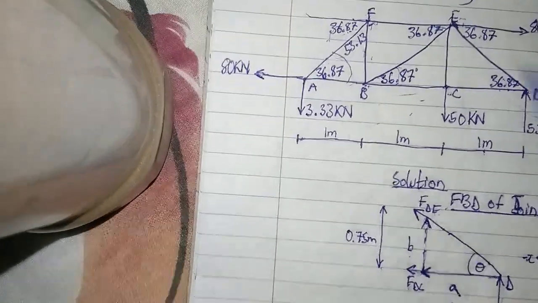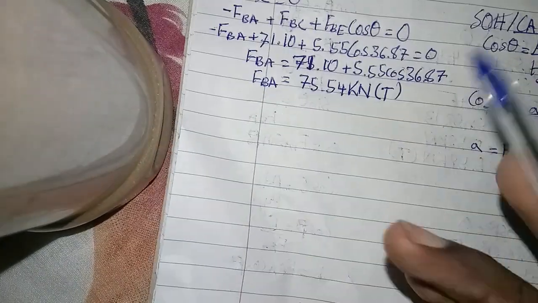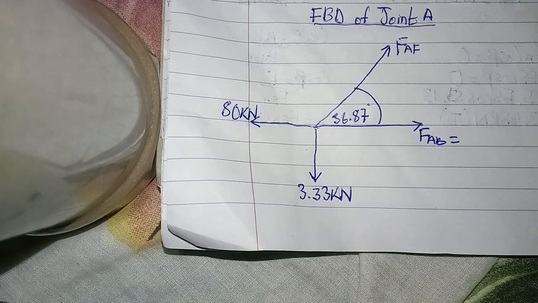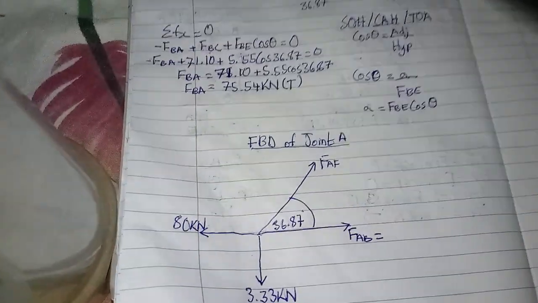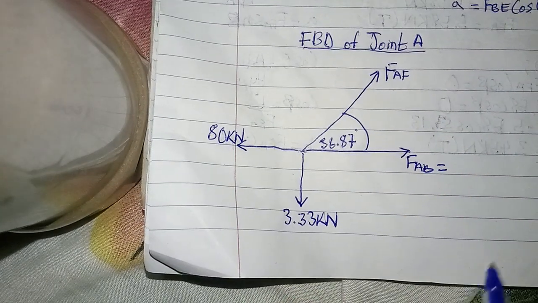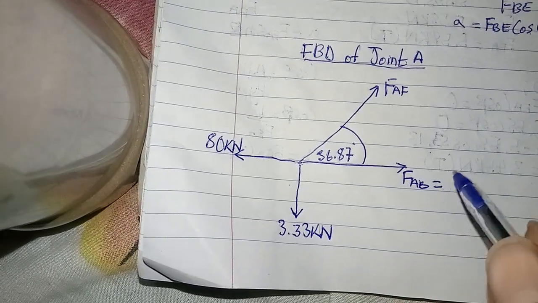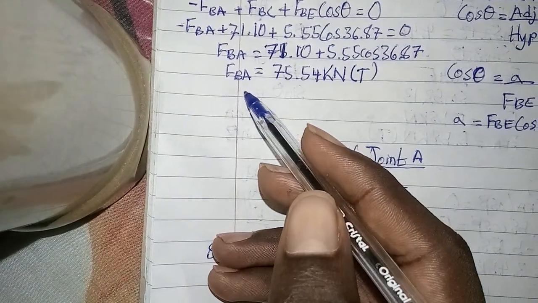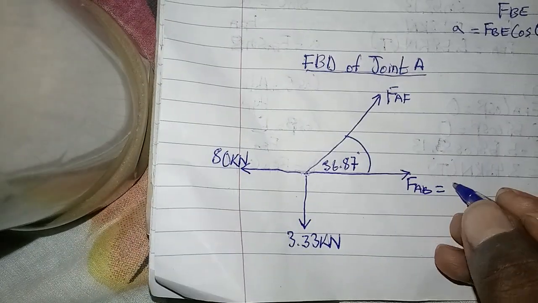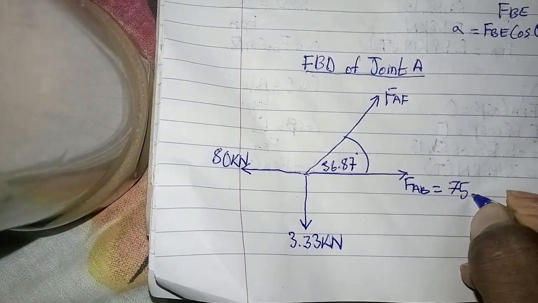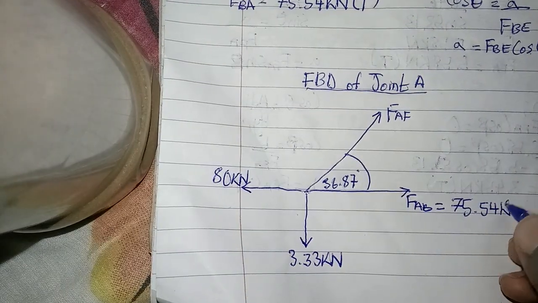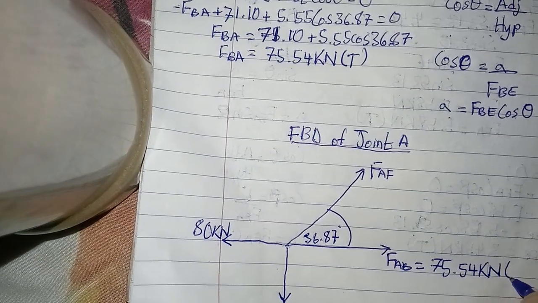From here we are going to take joint A. Let's draw the free body diagram of joint A. We get the free body diagram to be this. From here we already know force AB, which is equal to force BA, 75.54 kilonewton, tension.